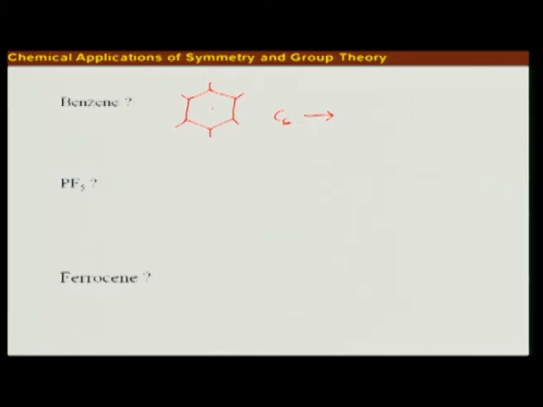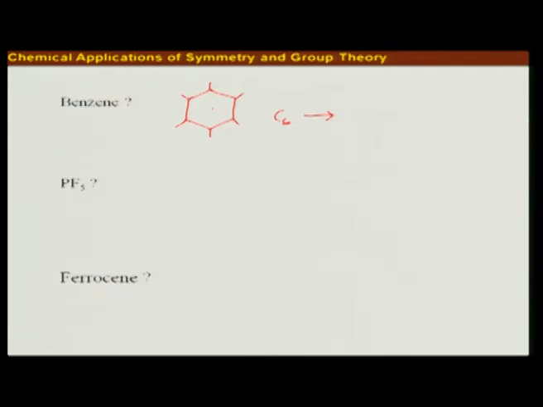So we directly go to steps 4 and 5. In order to go to steps 4 and 5, we have to ask a question. Okay, are there 6 C2s perpendicular to this C6?